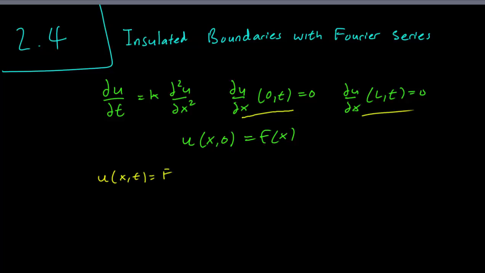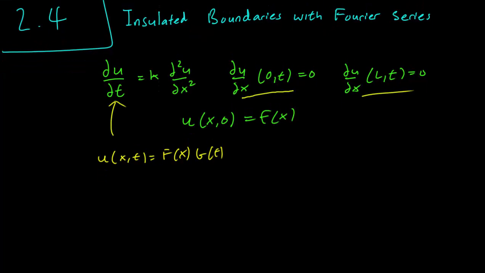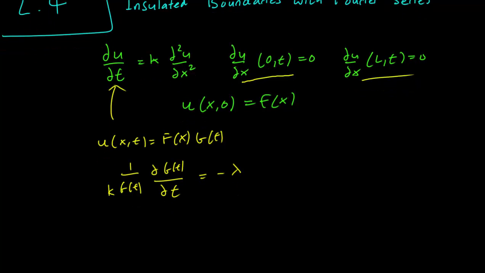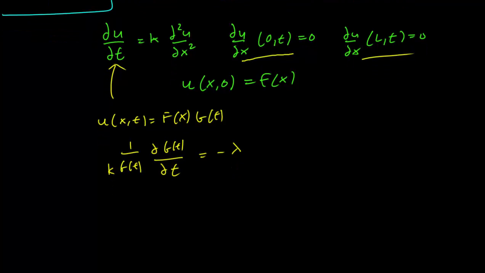u(x,t) equals f(x)g(t). And once more, plugging this into the heat equation gives us two ordinary differential equations. The one with respect to t is 1 over g(t) times the partial of g with respect to t equals minus lambda, with a k here, of course, and the one with 1 over f(x) times the second partial of f with respect to x equals minus lambda as well.